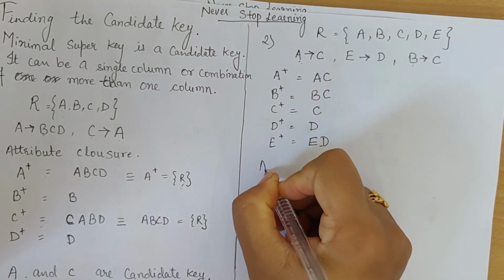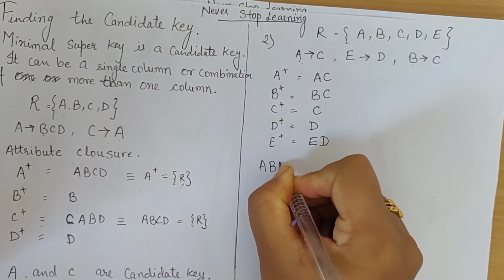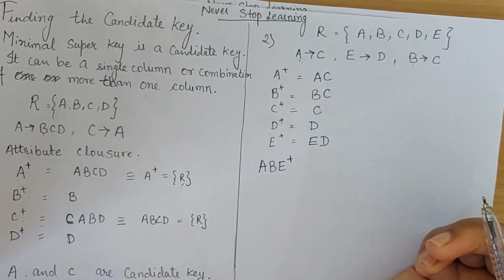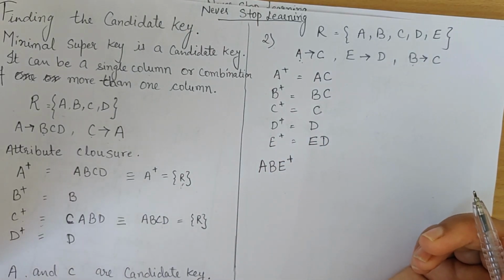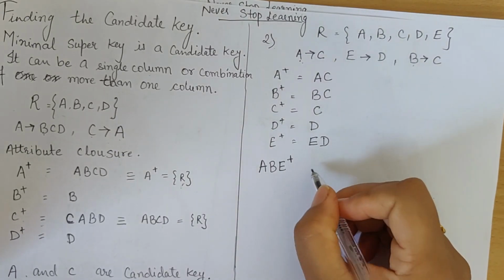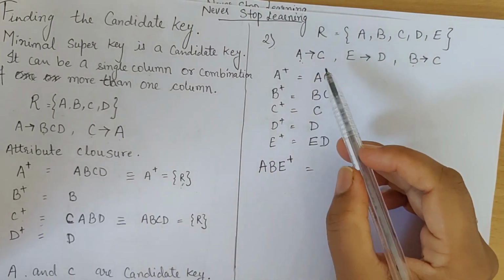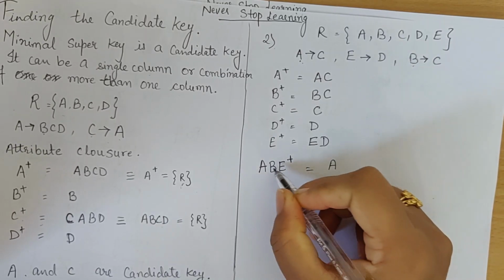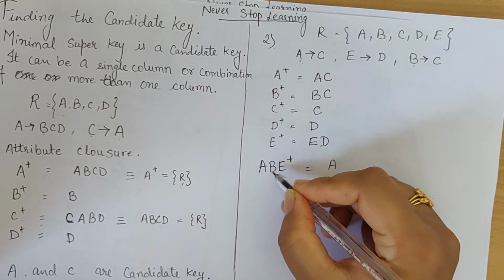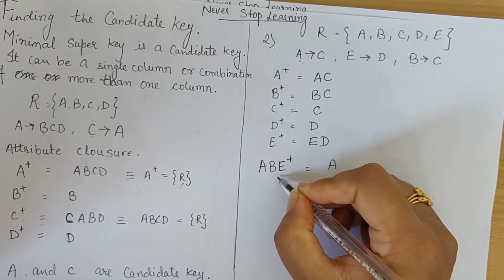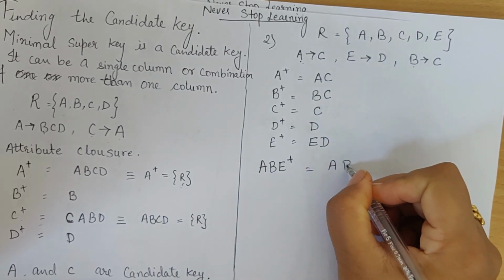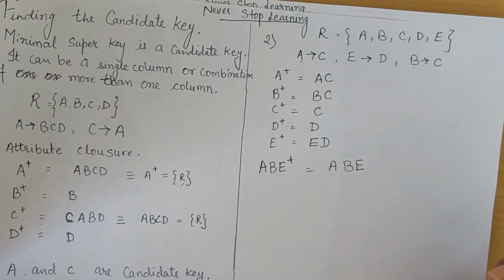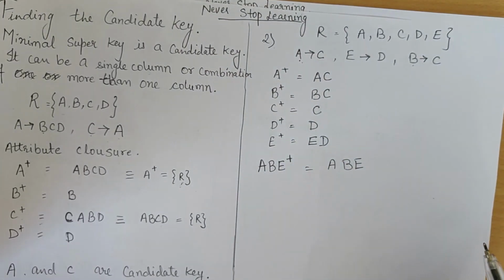So let me try the combination A, B, E, and find the closure of A, B, E. In the resultant, in the first step I write those elements whose closure I am computing, so ABE is already present.